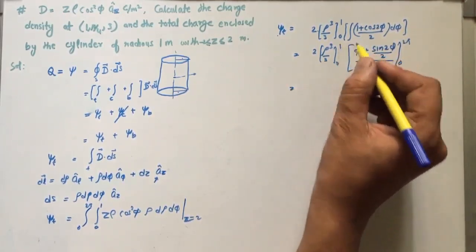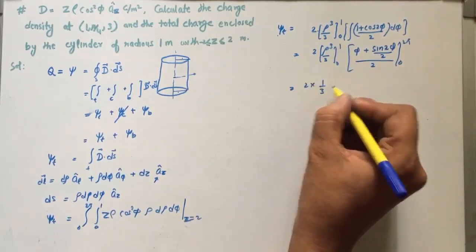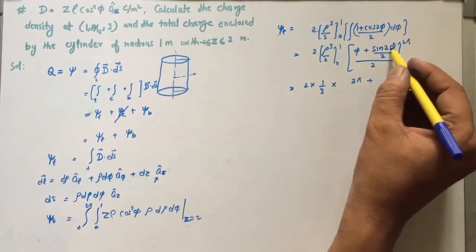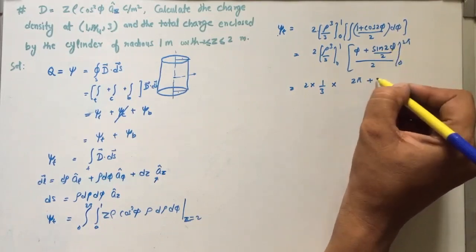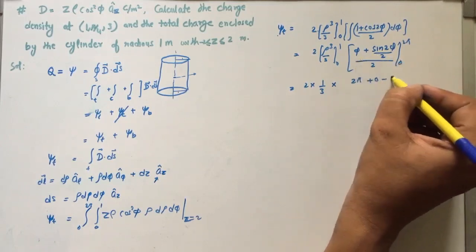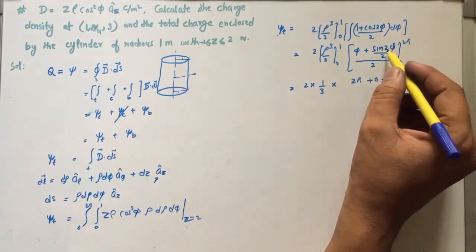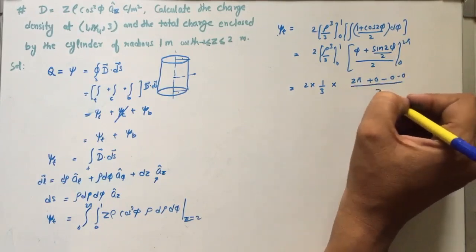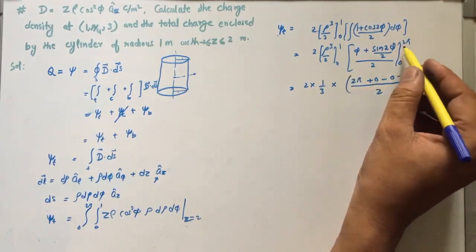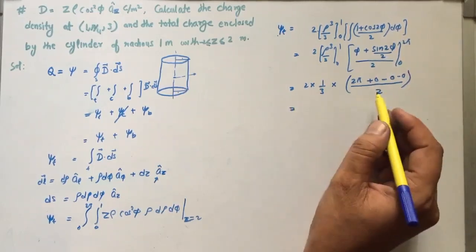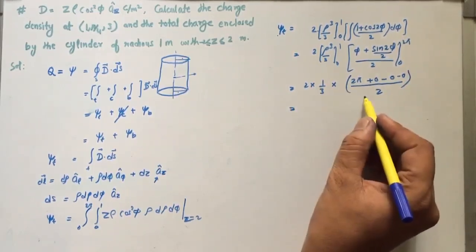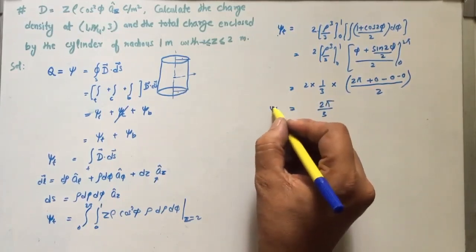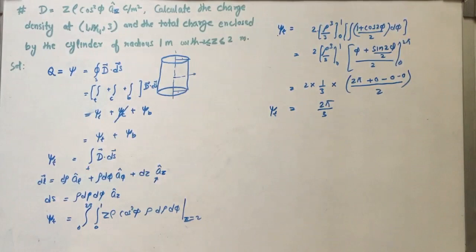Now from 0 to 1, we get 2 times 1 by 3 times (2 pi plus sin 4 pi, which is equal to 0, minus 0) divided by 2. It is 2 pi divided by 2. So overall it will be 4 pi divided by 6, that is 2 pi divided by 3, from the top surface.